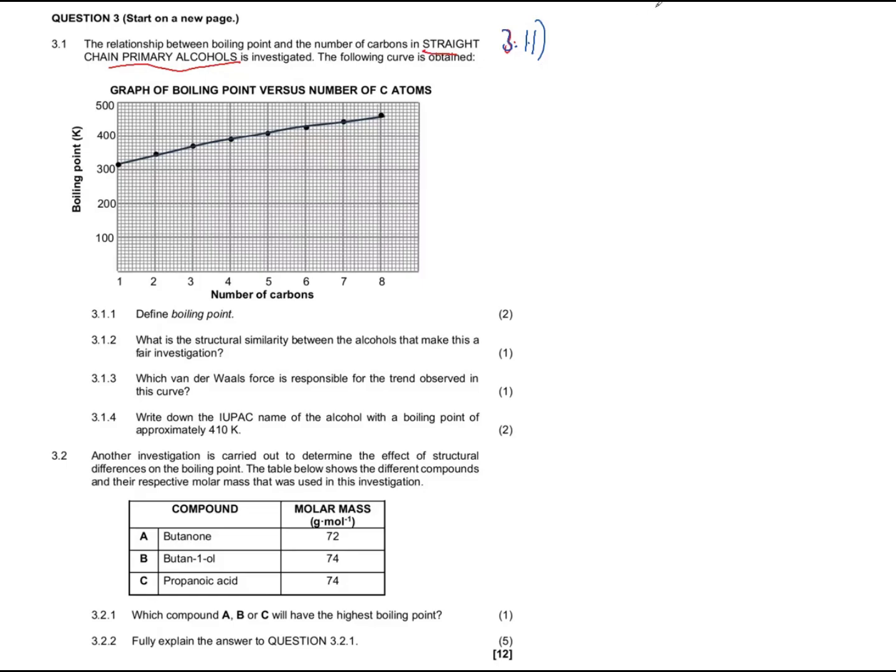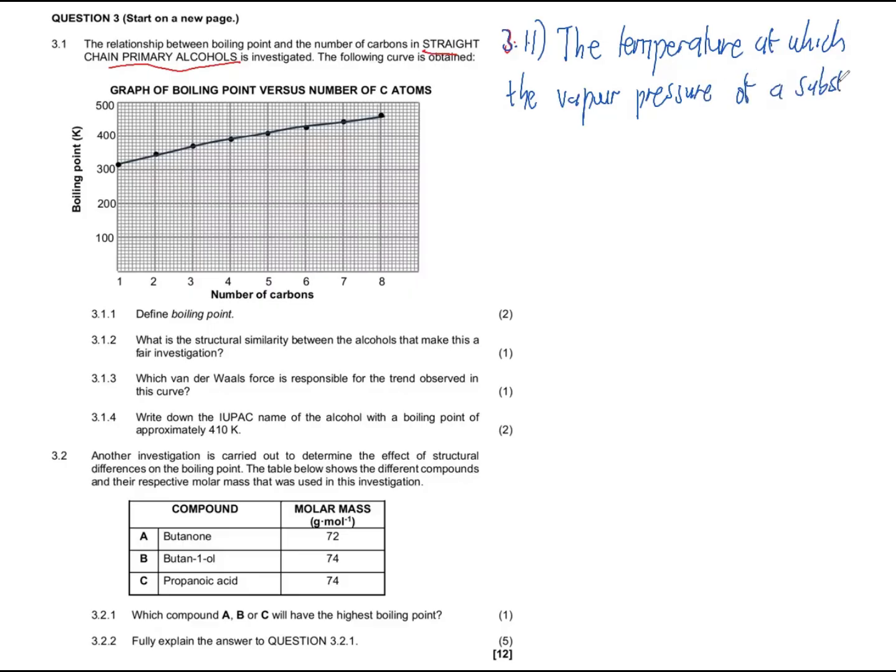Boiling point, we say, is the temperature at which the vapor pressure of a substance is equal to the atmospheric pressure.